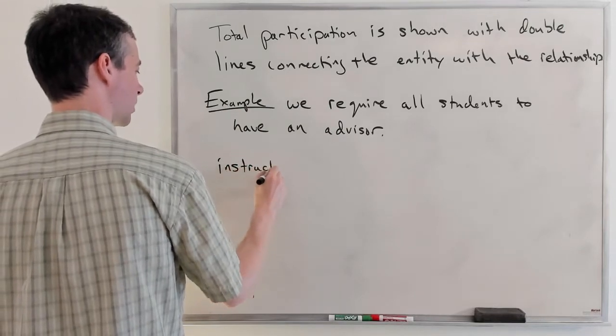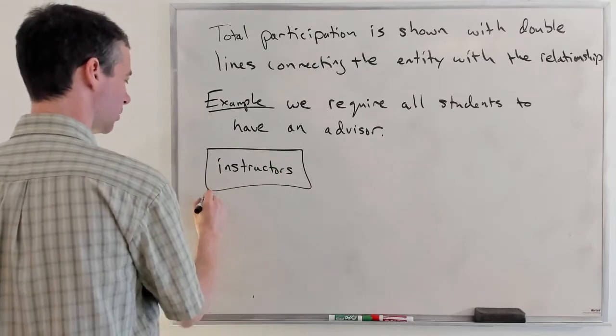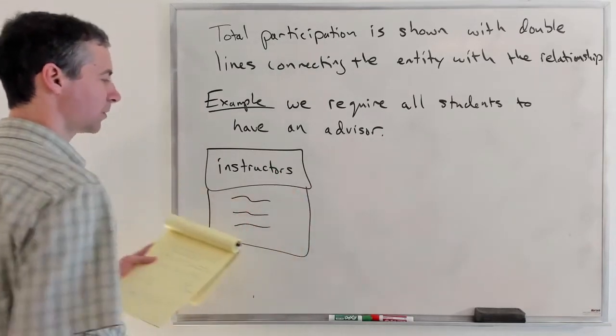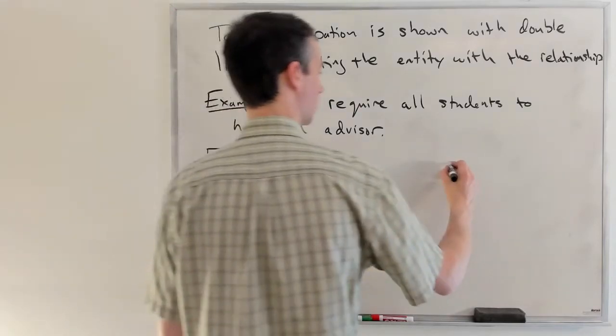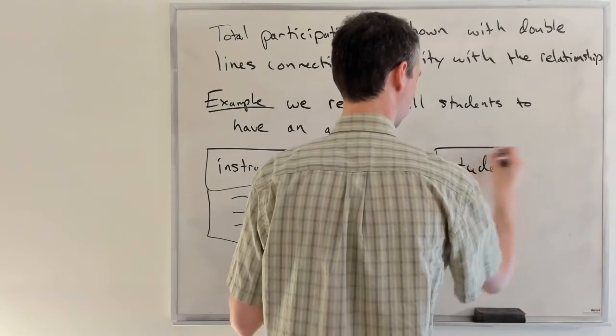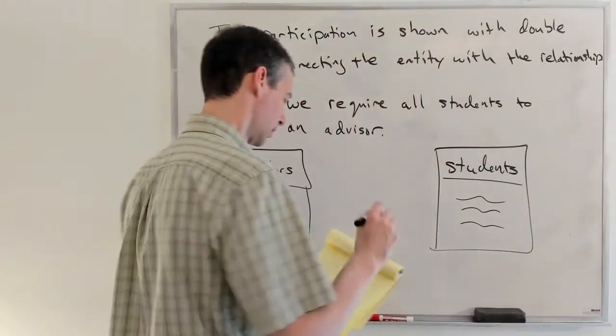All right, so we've got instructors. And again, I should show you that we've got some other stuff here for the instructors, their attributes. We have students. They have attributes as well.